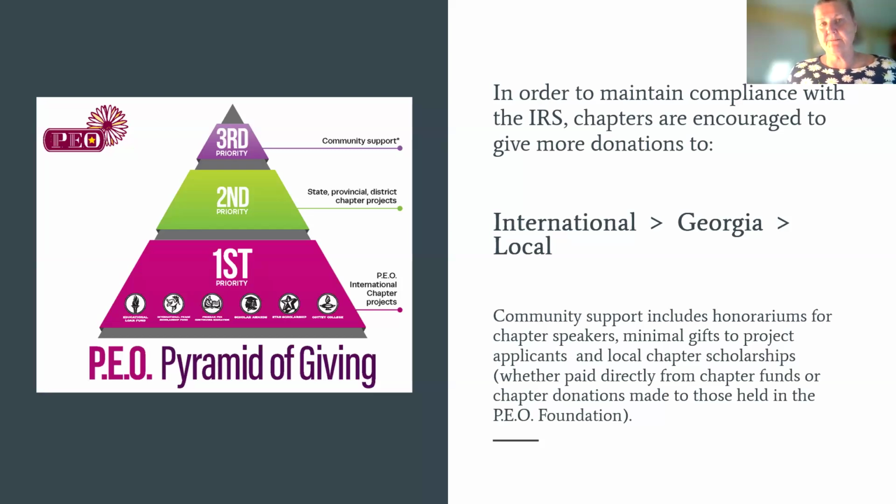And then the third is community support. Community support could be money you give to scholarship recipients, or money that you want to give to a local charity, anything like that. But that local charity should not be more than what you're giving to the P.E.O. Foundation.